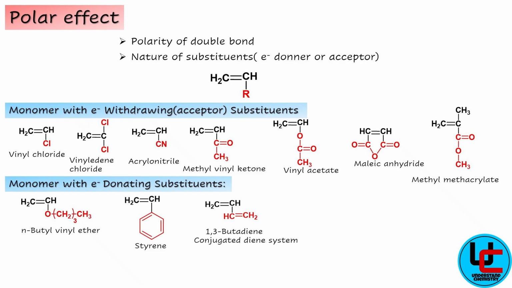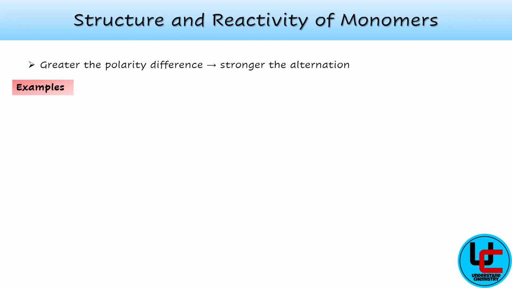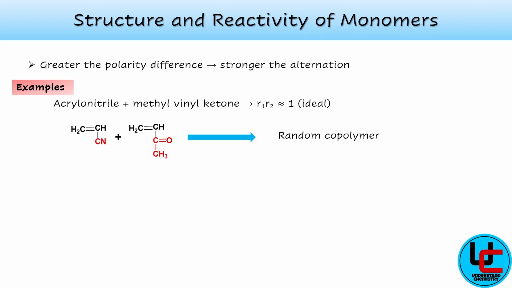Let us now connect the polar effect to actual polymer behavior. This slide shows how the difference in polarity between monomers influences the type of copolymer formed. The key idea is the greater the polarity difference between two monomers, the stronger the tendency towards alternation. Let's look at two examples.